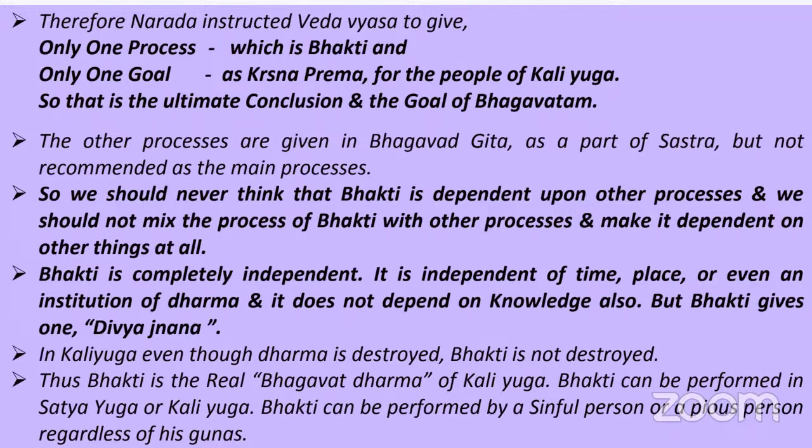But the problem is that we should never think that bhakti is dependent upon other processes, and should not mix the process of bhakti with other processes and make it dependent on other things at all. Even though in Bhagavad Gita Krishna gives all other processes, he is only recommending bhakti. So we should not think that bhakti is dependent on other processes.